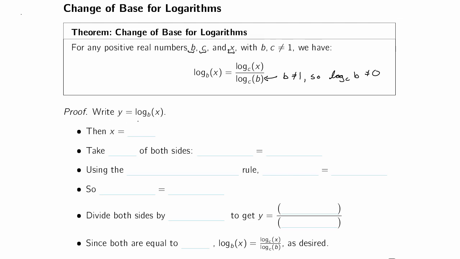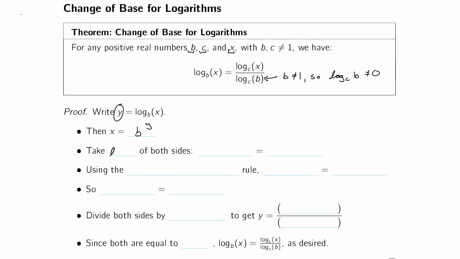I'm going to use a new symbol y to represent the log base b of x, which means that x is b to the y power. Okay, so there we have an equation.